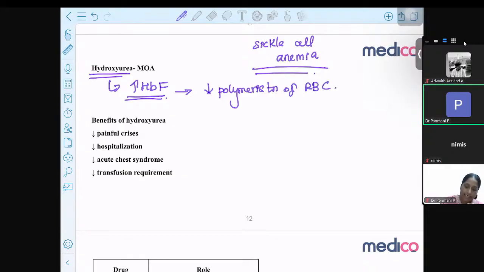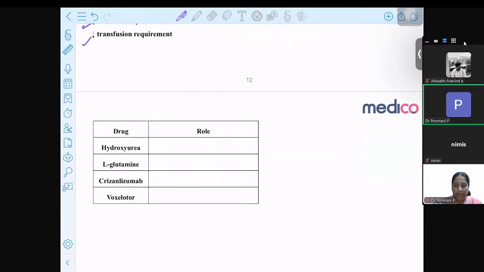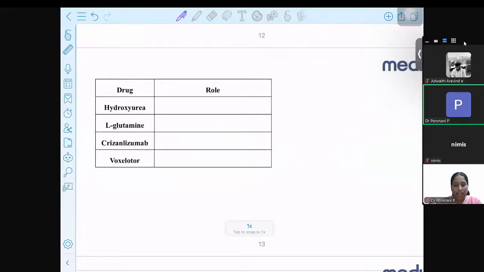Hence, there is going to be a decrease in painful crisis, decreased hospitalization, decreased transfusion requirement, and decreased chest syndrome. So hydroxyurea is the drug which increases the fetal hemoglobin levels. Is this the only drug available? No, you have other drugs also.